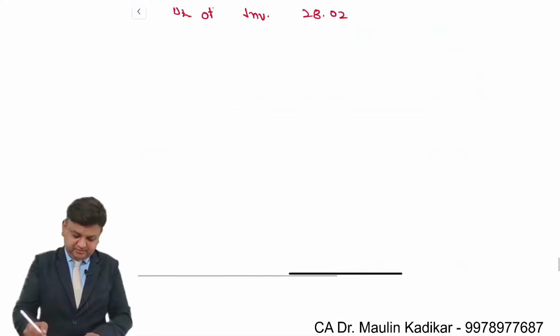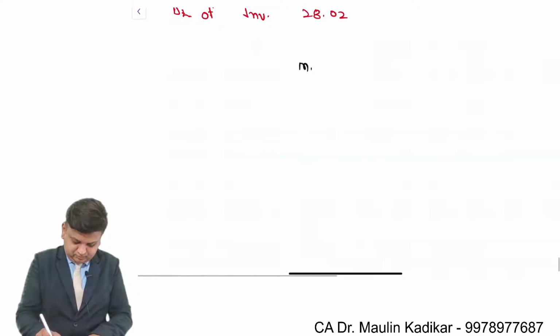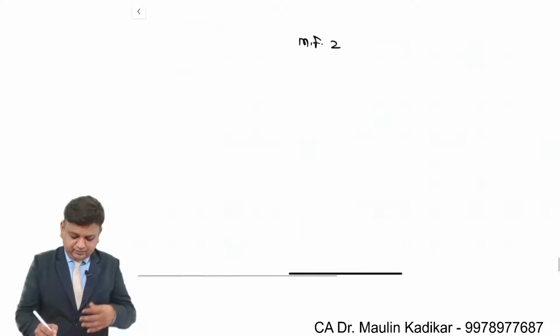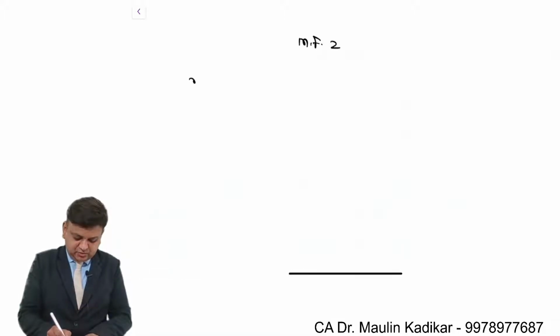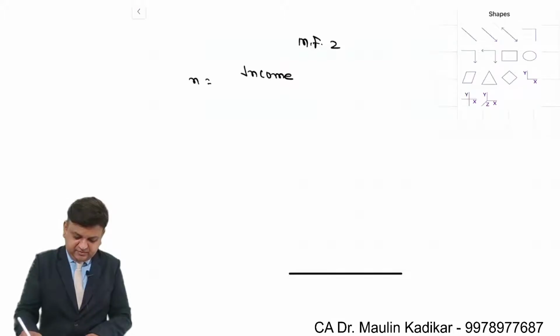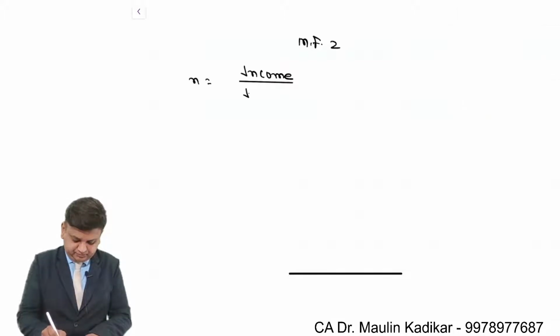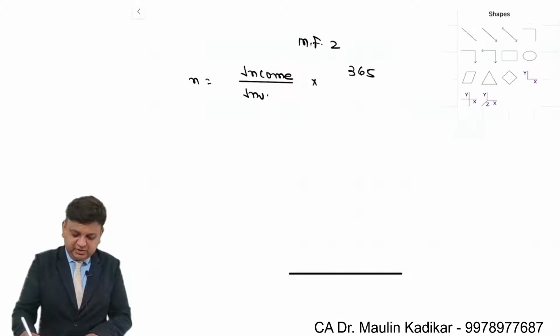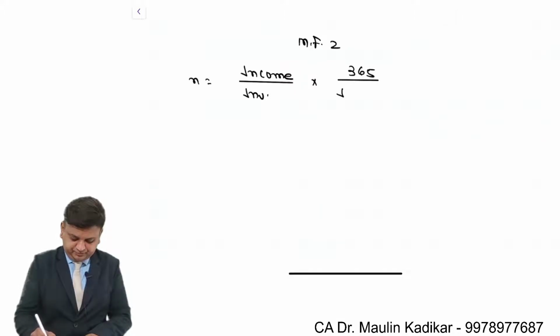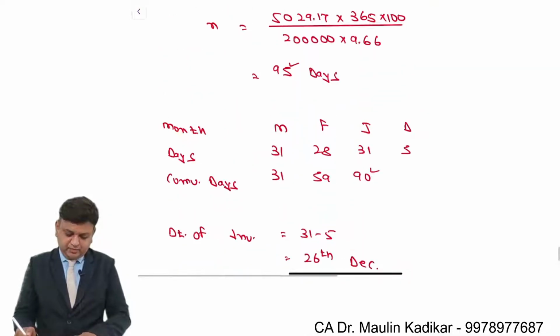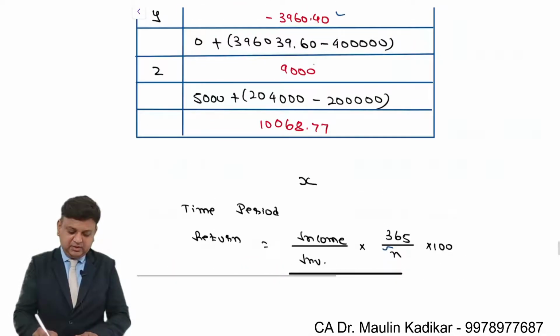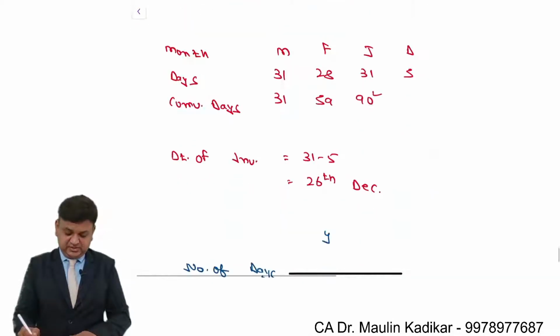Next, mutual fund Z. In that case again, N is equal to income upon investment into 365 upon return into 100. In case of Z mutual fund, it is an amount of 9,000 rupees.